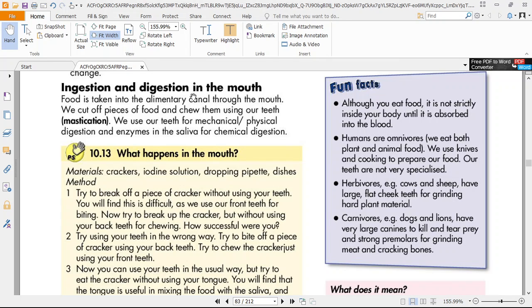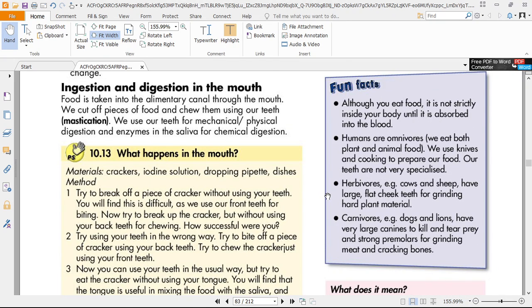When we chew and mash up the food in our mouth, we call that mastication. So we say we masticate the food. We use our teeth for mechanical or physical digestion and enzymes in the saliva, in our spit, for chemical digestion. Remember that line.